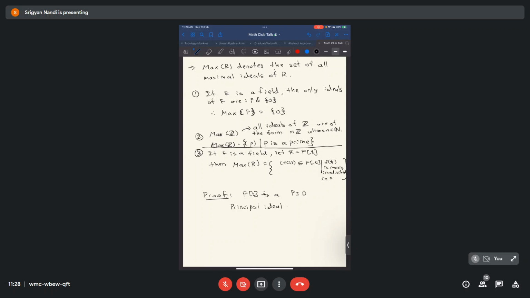A PID, also known as a principal ideal domain, is an integral domain such that every ideal of the domain is a principal ideal.